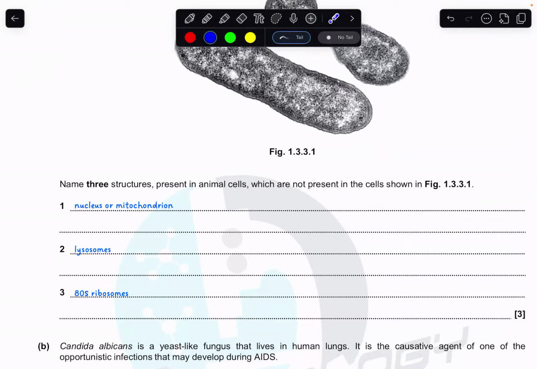Don't mention chloroplast because it is not in animal cells. Lysosome, you can talk about ER as well, Golgi apparatus, and the ribosome that can be found in the animal cell, which is the 80S ribosome, but not the 70S.